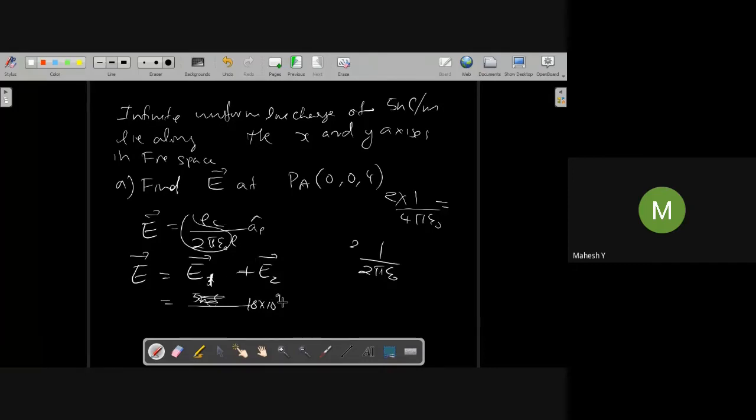Into rho L, which is 5 nano, so 5 into 10 raised to minus 9, divided by rho, which is 4.